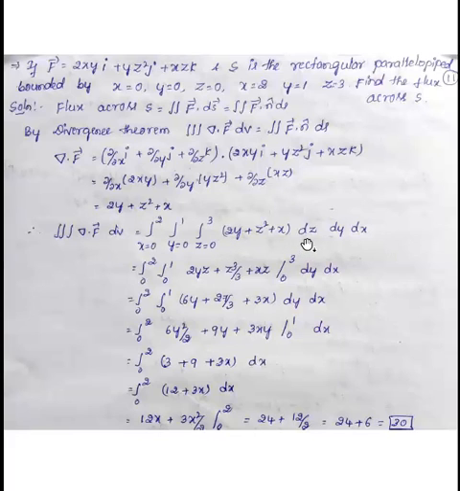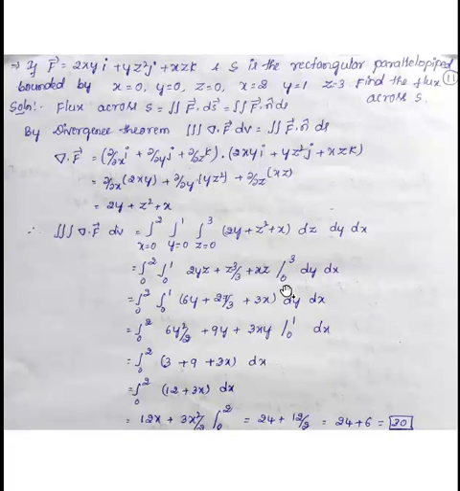First integrate with respect to z: 2y is a constant, so its integration is 2yz, plus z² integration is z³ divided by 3, plus x into z, between the limits 0 to 3, dy dx.